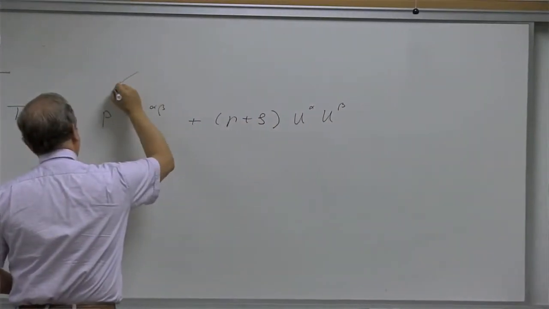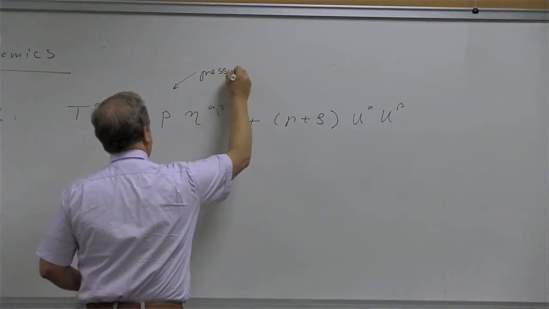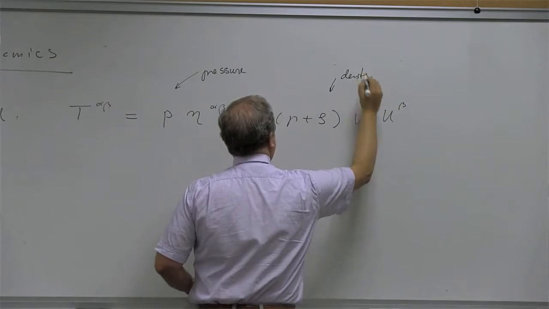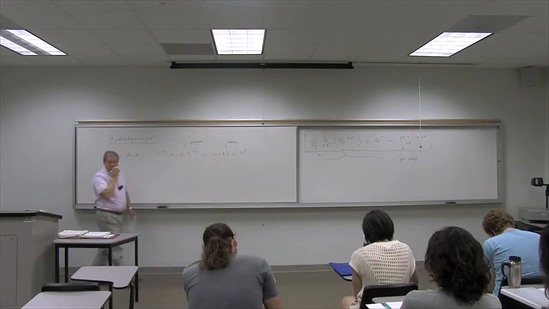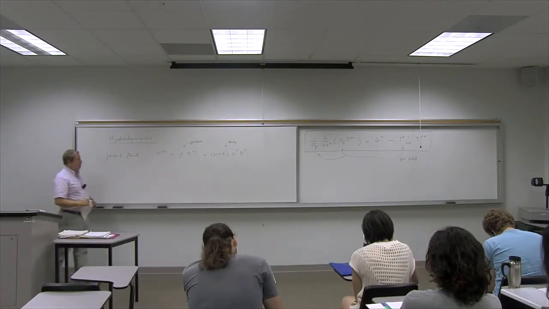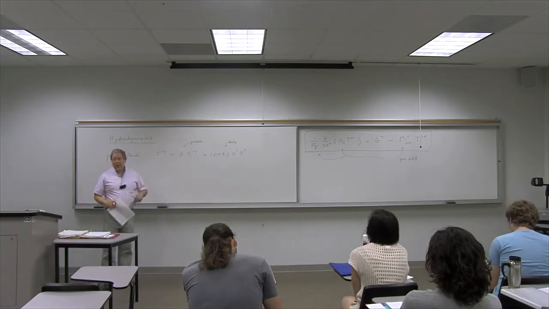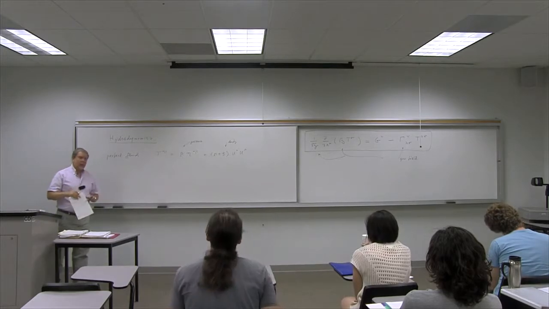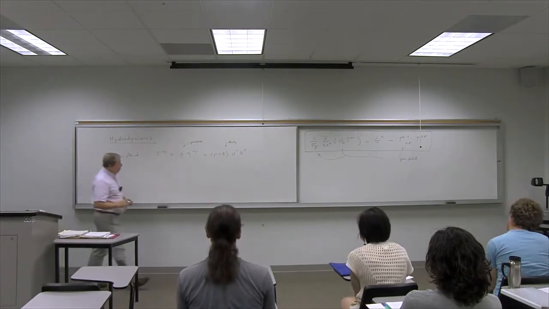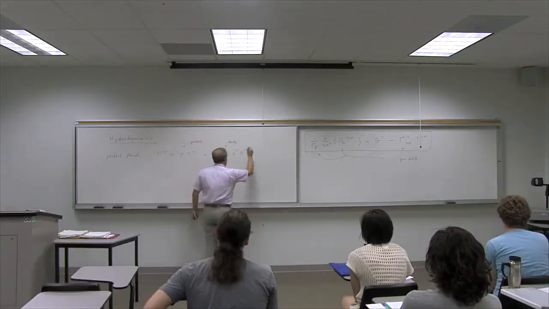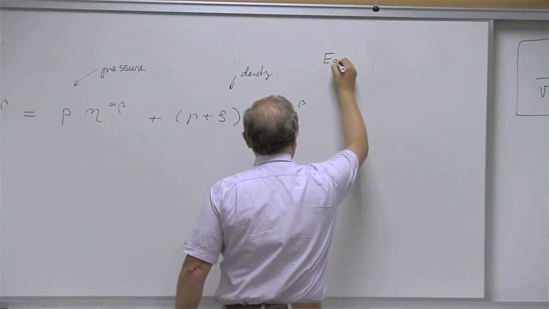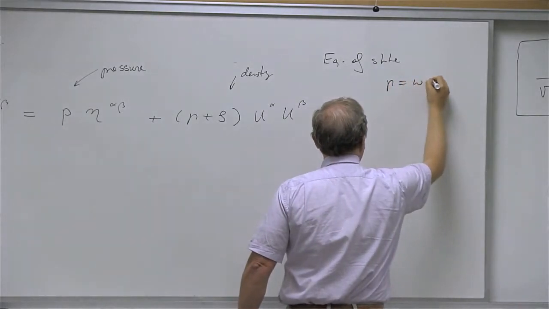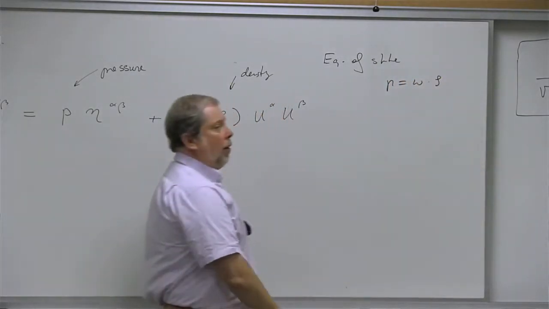So there's a pressure, and there is a density for the fluid, right? In the simplest cosmological applications, the pressure and the density are going to be functions of the time, being the time since the Big Bang, so the cosmological time. And usually there is an equation of state which relates one to the other, right?